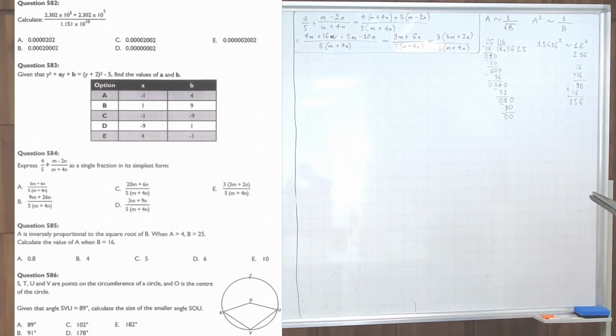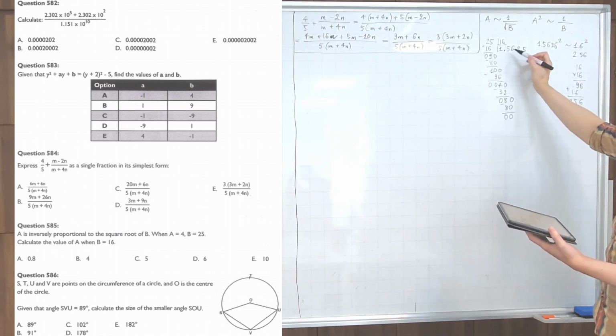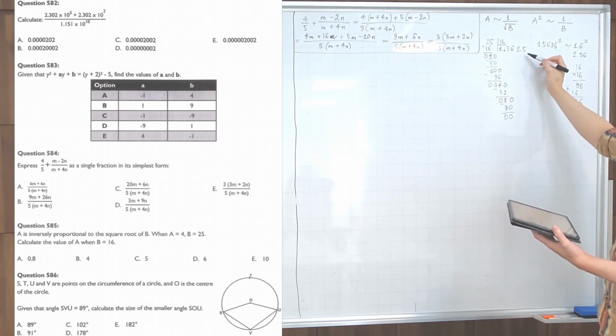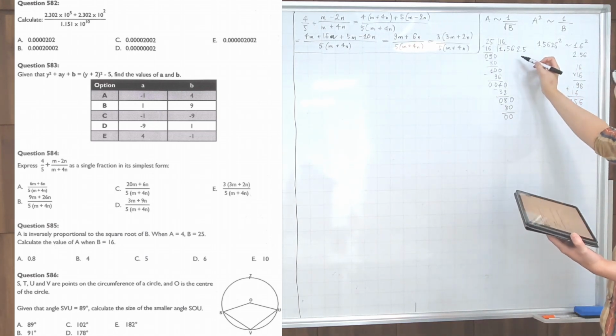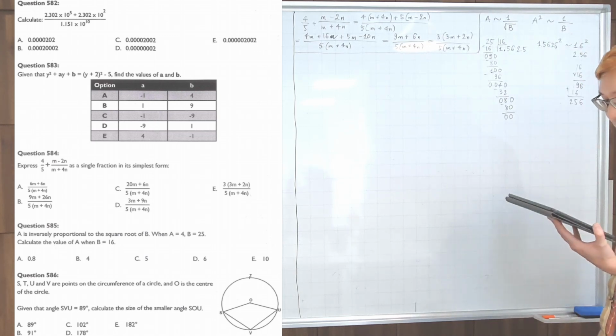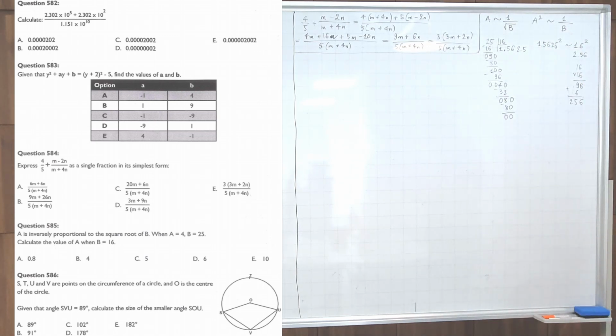So it means that if B decreases by 1.5625 times, A should increase by around 2.56 times, isn't it?